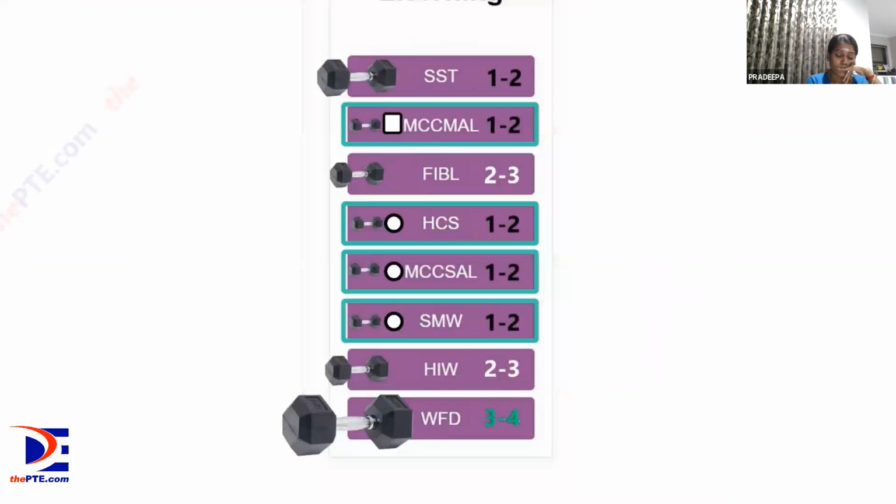That is why I divided the 4 insignificant test items into squares and circles. And you are not supposed to spend more than 45 seconds on circle questions. This way, you're making sure that you're going to leave at least 5 minutes of your time for your write from dictation.